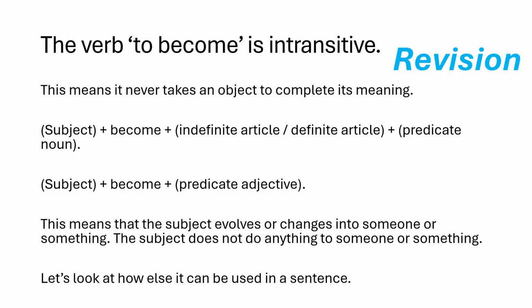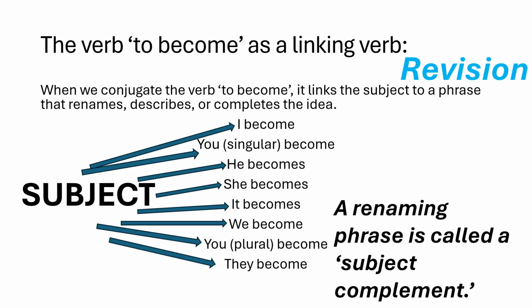Let's look at how else it can be used in a sentence. The verb to become functions as a linking verb in sentences. When we conjugate the verb to become, it links the subject to a phrase that renames, describes, or completes the idea. A renaming phrase is called a subject complement. In this lesson, the subject complement is a predicate adjective.